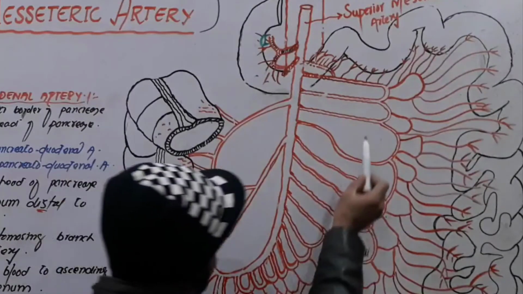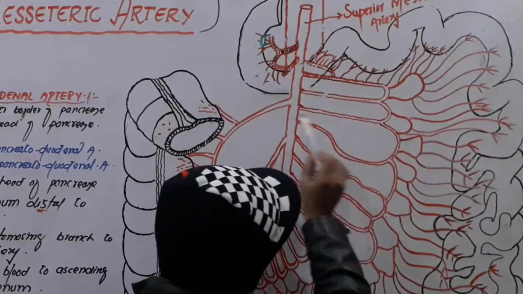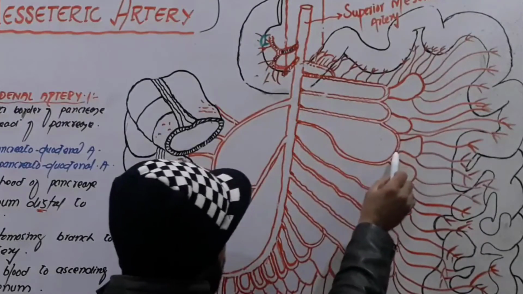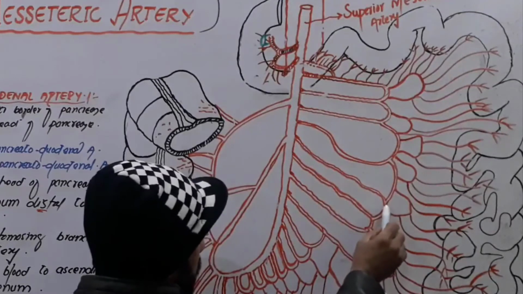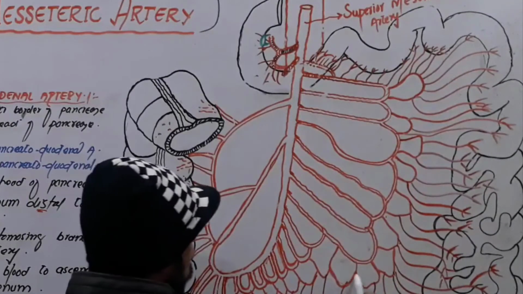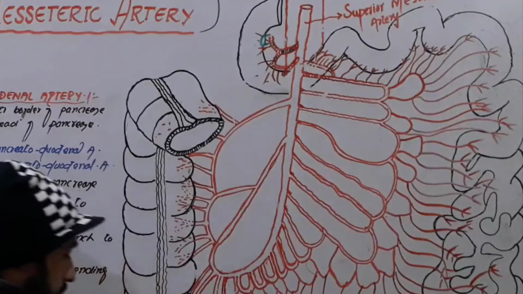Then when they come a little bit towards the left side, they make anastomosing branches like this, look, and these are called the arcades or arcs or loops.